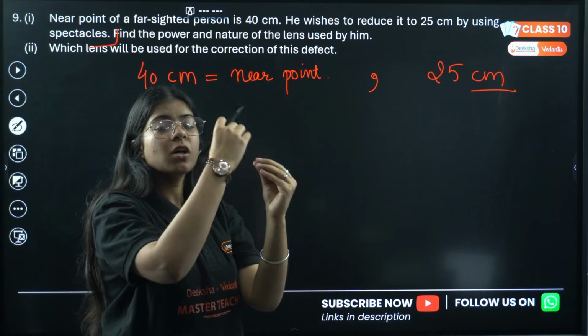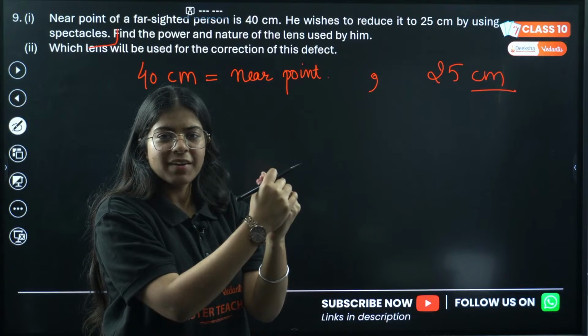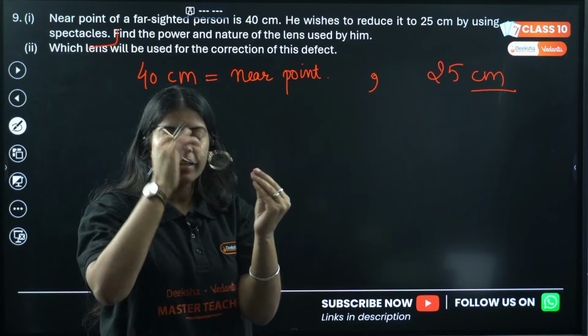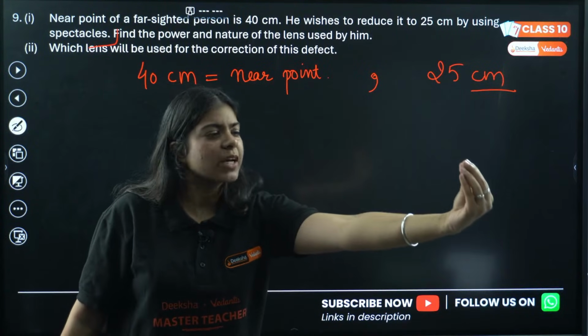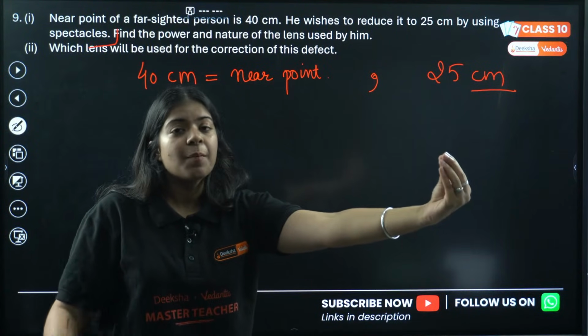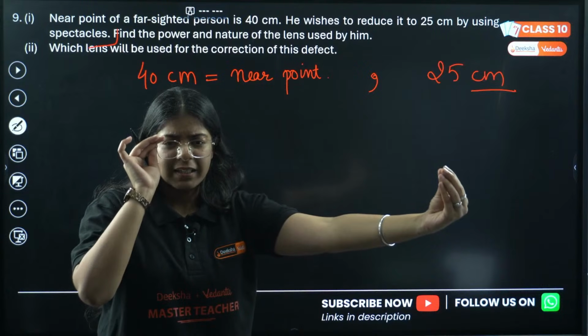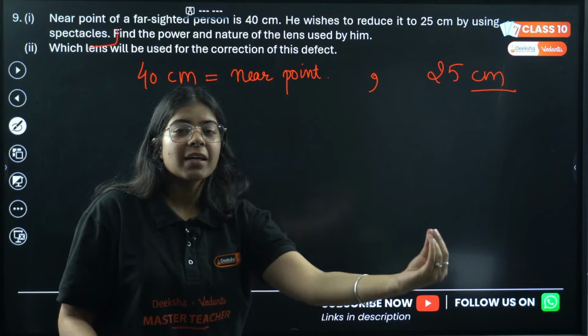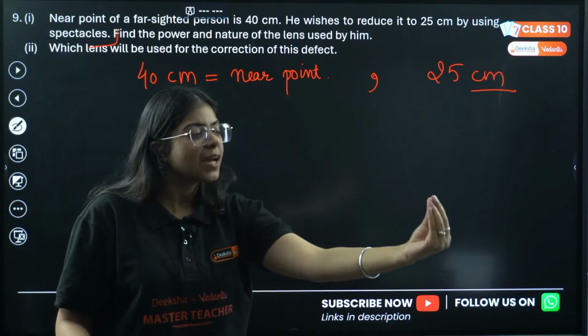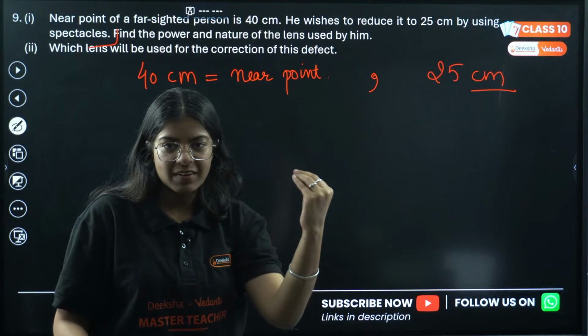The object is at 25 centimeter, but without glasses I can't see it. I can only see an object at 40 centimeter. But I want to wear the spectacles and correct this. With these glasses, my near point will come back to 25 centimeter.